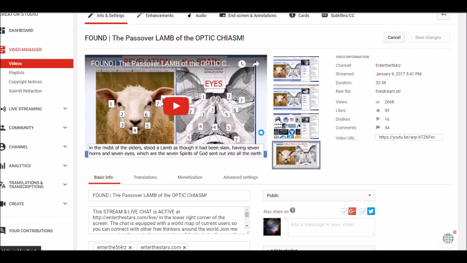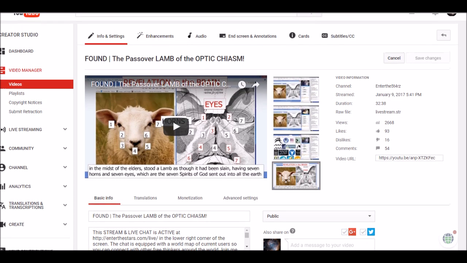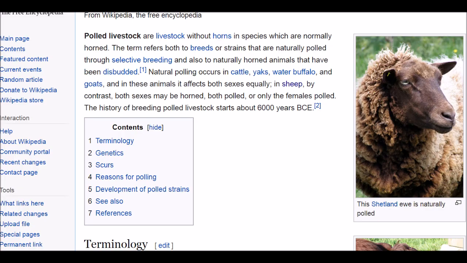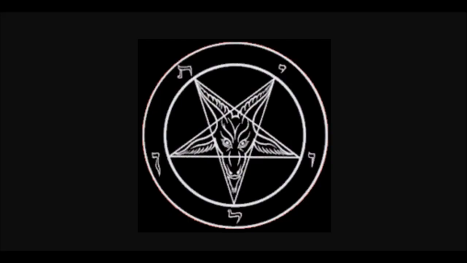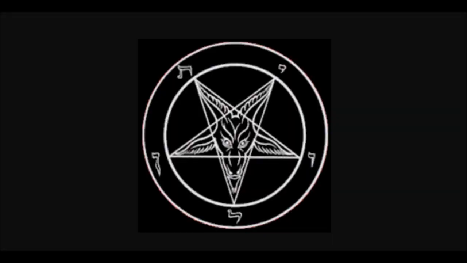And we did a side by side, as you can see here, the Passover lamb of the optic chiasm. Even though this lamb has 7 horns, the Baphomet, when his horns are removed, becomes a hermaphrodite, sharing both sexes. So what we're left with is horns and no horns. Horns representing evil.